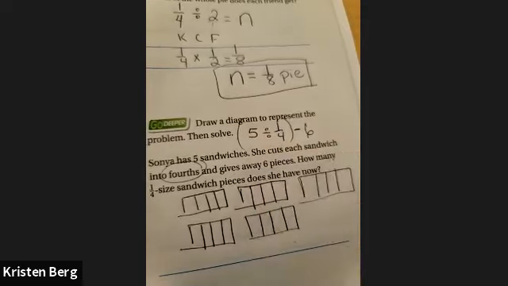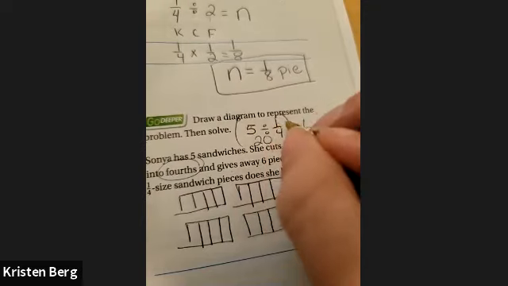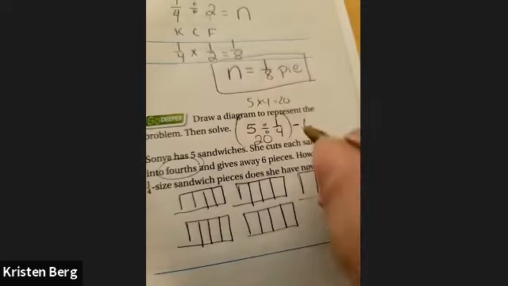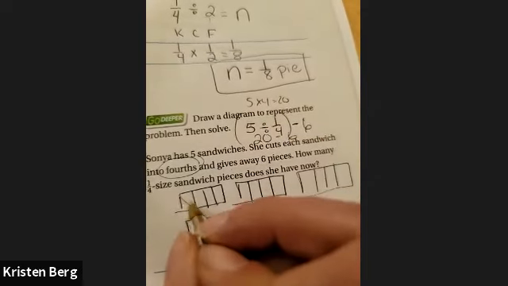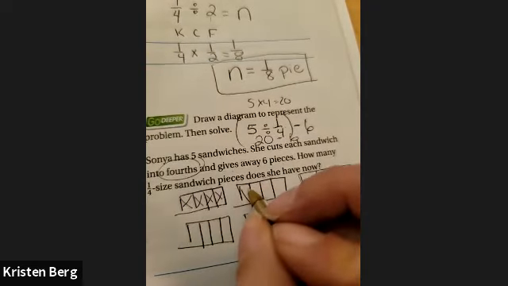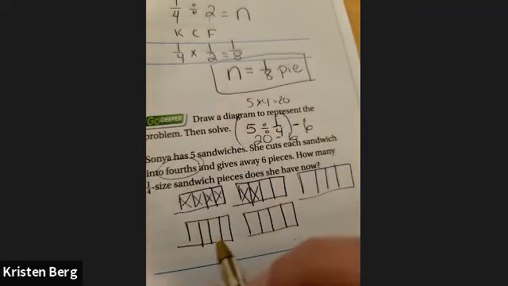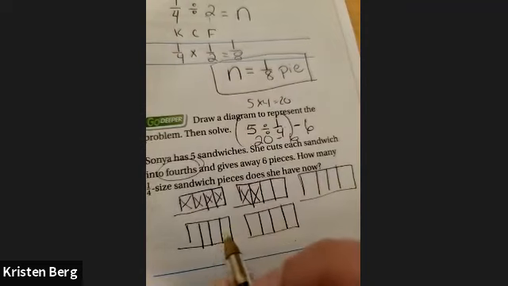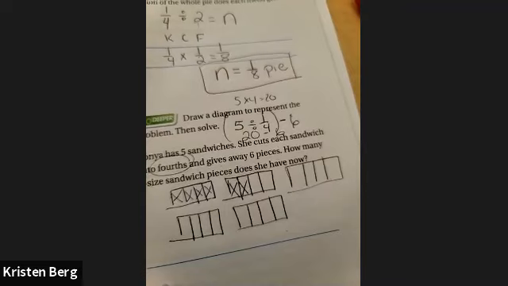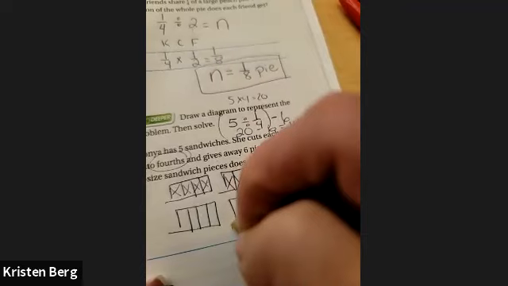If you looked here, that would have been 20 pieces, because you keep, change, and flip. That would be like 5 times 4, which is 20 pieces. And then she's going to give away 6. So you could have just taken away 6 pieces: 1, 2, 3, 4, 5, 6. Then what is left over would be 4 plus another 4 plus another 4 plus 2 more, a total of 14 sandwich pieces.